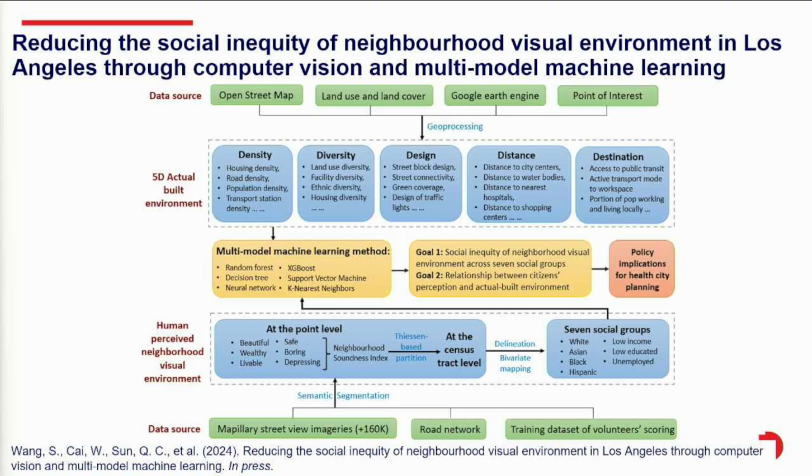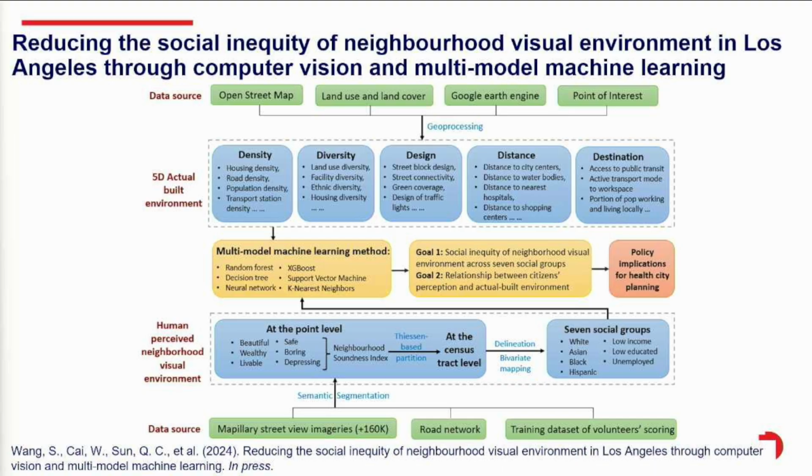Then we apply a machine learning model and some spatial analysis to identify how, across different streets, the social inequality is linked to how people feel and aligns with the built environment, applied to different population groups in the city of LA.